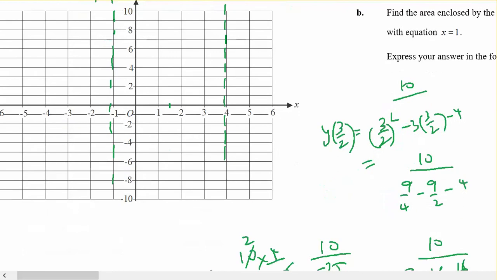So I know that I have a turning point at minus 8/5.